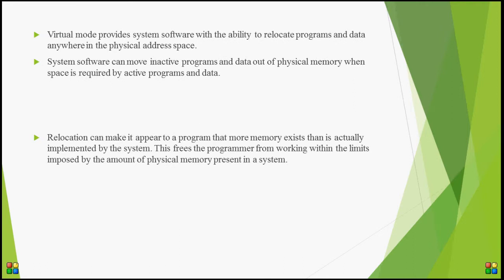Virtual mode provides system software with the ability to relocate programs and data anywhere in the physical address space. System software can move inactive programs and data out of physical memory when space is required by active programs and data. Relocation can make it appear to a program that more memory exists than is actually implemented by the system. This frees the programmer from working within the limits imposed by the amount of physical memory present in a system.